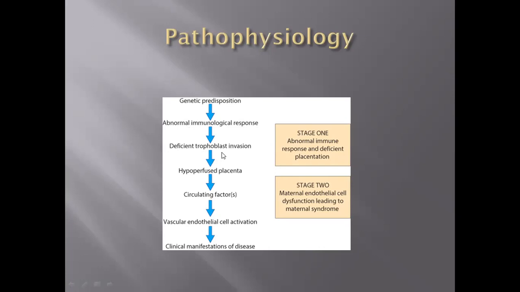Due to the deficient trophoblast invasion, there will be high resistance blood flow resulting in a hypoperfused placenta. And because of ischemia, there will be release of different circulating factors causing vascular endothelial cell activation and maternal endothelial cell dysfunction, leading to maternal syndrome and causing the clinical manifestation of the disease.